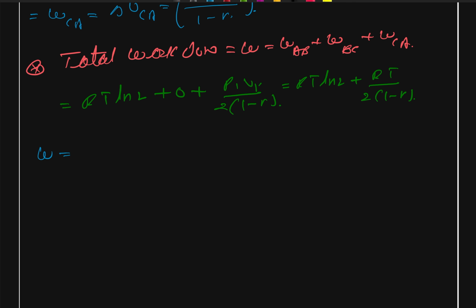We can take RT as common, and we get natural log of 2 plus 1 upon 2 times 1 minus gamma.